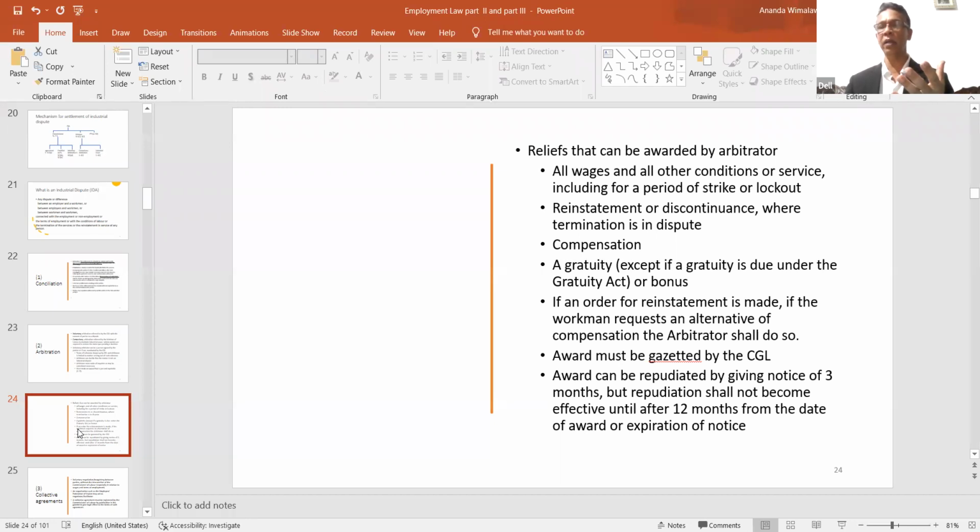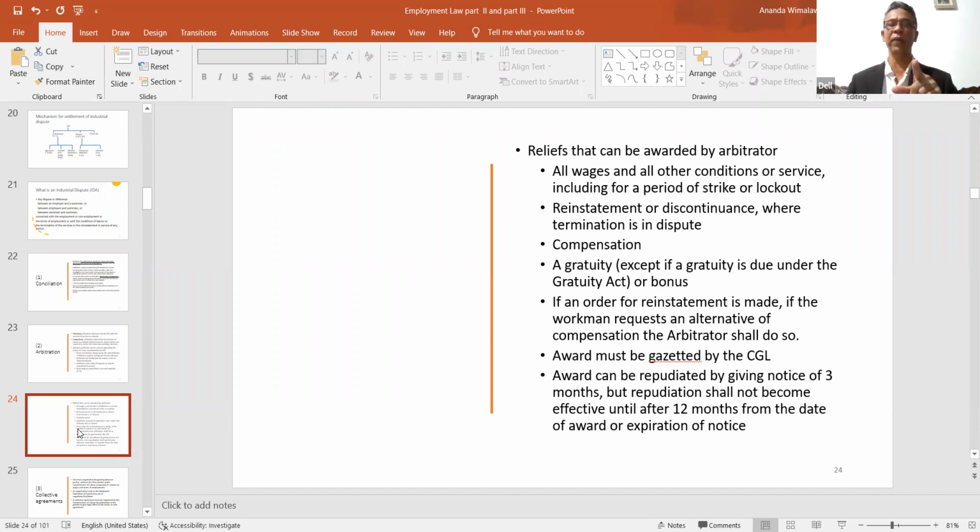The Commissioner General looks at it, and if it is okay, it will be sent to the parties. Then the parties must settle it as stipulated in the award.